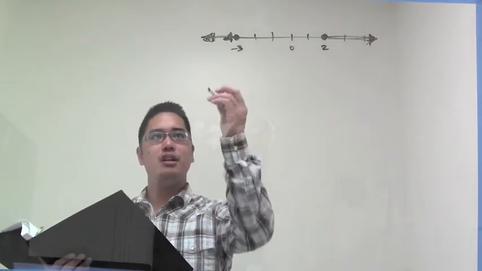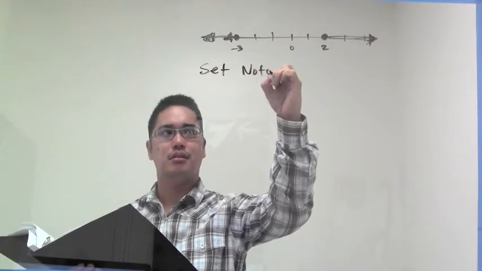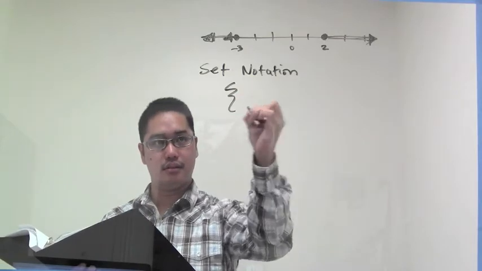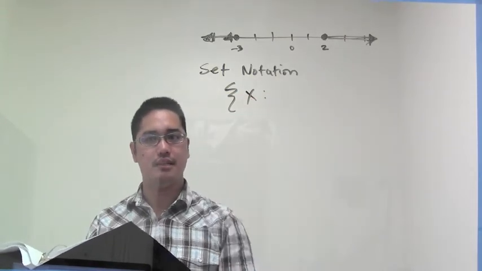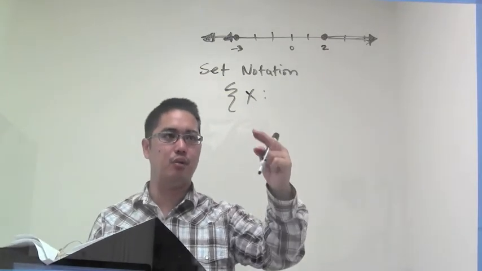All right. If we want to use this thing called set notation, you would use those little curly brackets. And you would write x such that. That's what the colon means. It's x such that, and this is really just identifying the variable that I'm going to be working with.